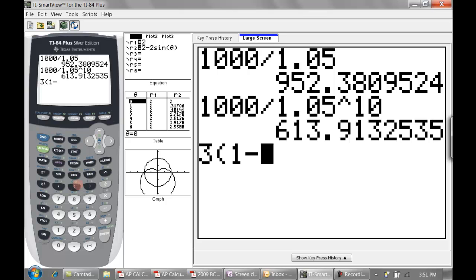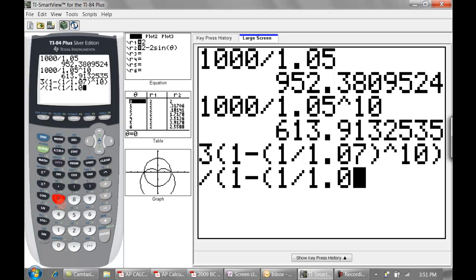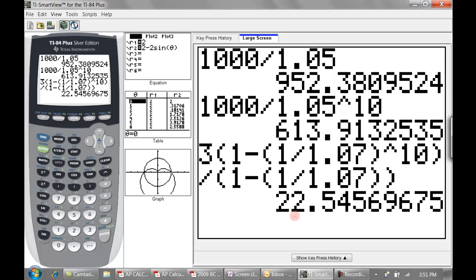So we have 1 over 1.07 to the 10th. Okay. All of that divided by 1 minus 1 over 1.07, 1 minus r. Have to be really careful with parentheses here. Okay. And we end up with 22.54.